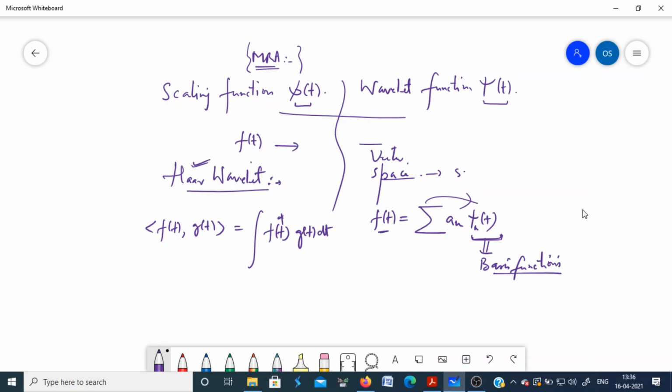And then this inner product is also used to define the norm of a vector, the norm of a function f, or we call it the L2 norm, which is given by the square root of the inner product of f with f. So it is basically the integration of the modulus of this.